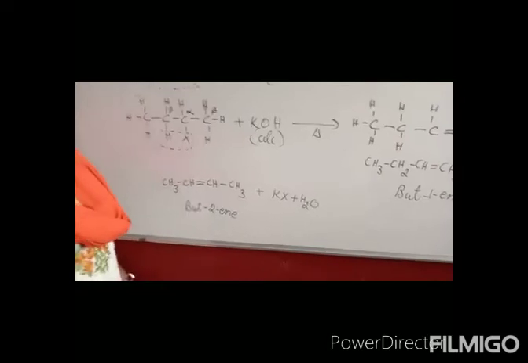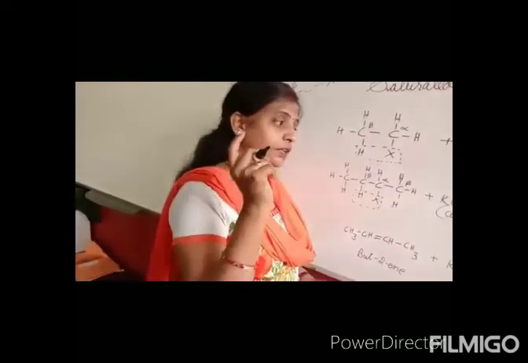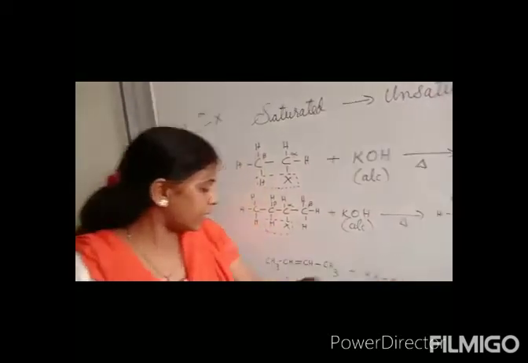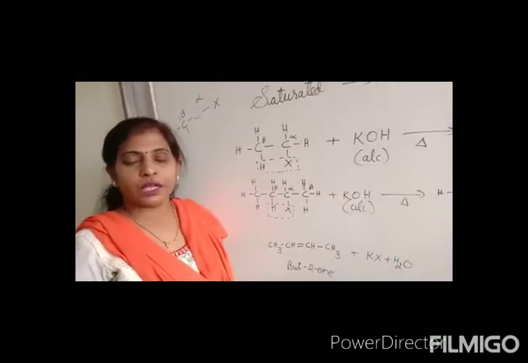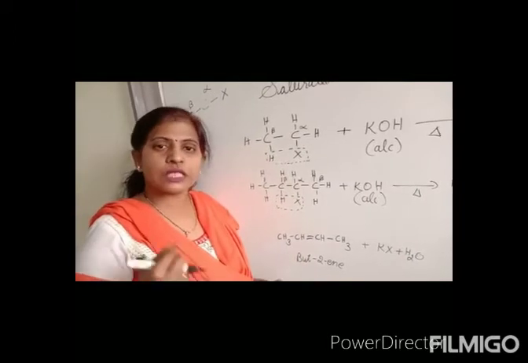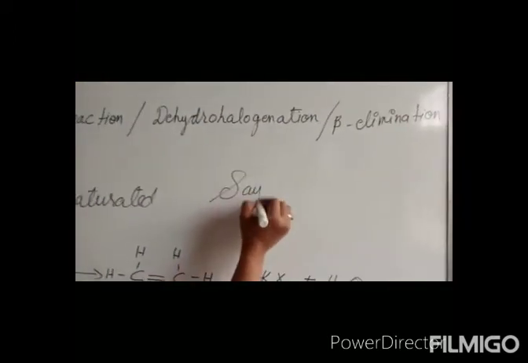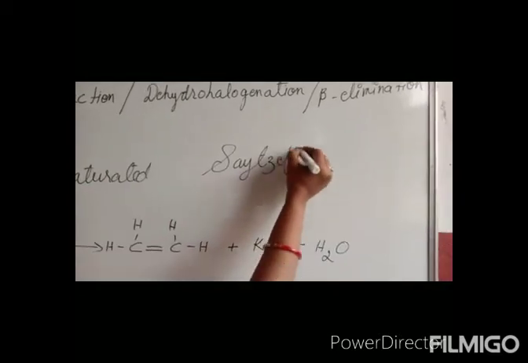Now students come up with this confusion over here: which will be my preferred product? I have but-1-ene and I have but-2-ene. This confusion was cleared by a Russian chemist, Saytzeff.